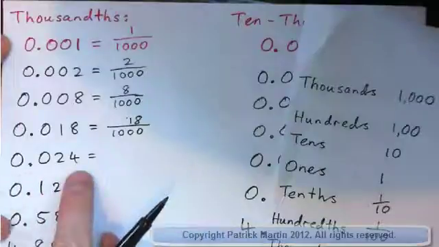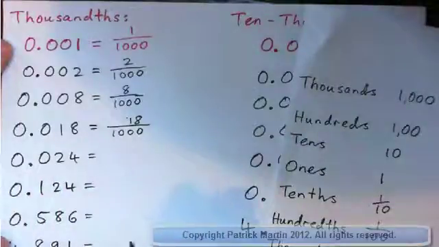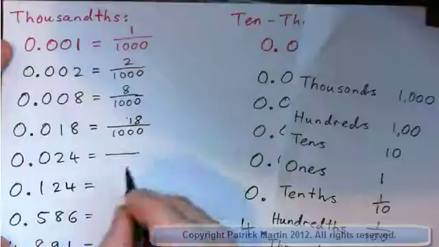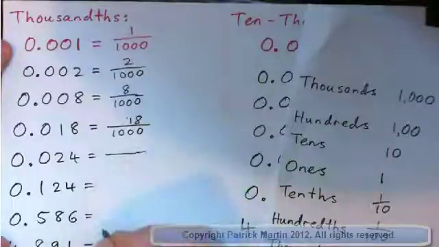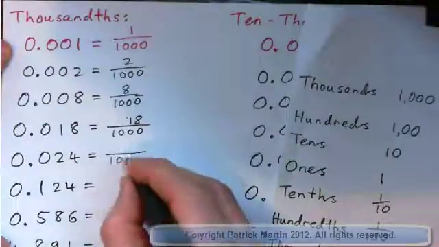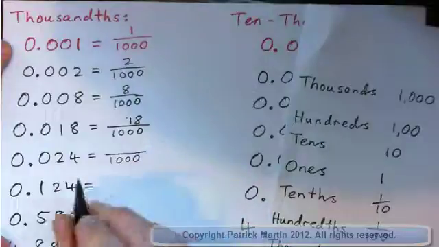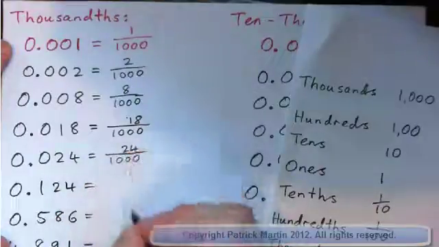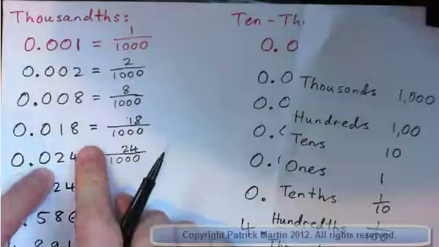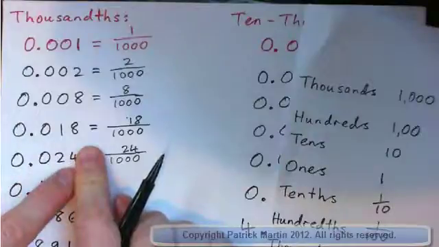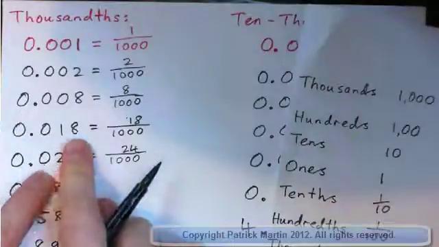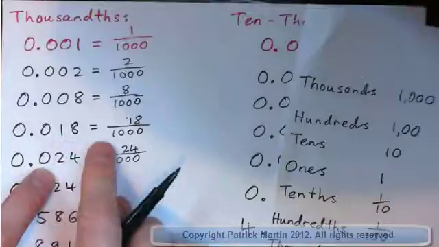How about 0.024? Turn that into a fraction. How many thousandths? 24. So if you've got 3 digits past the decimal point, then you're talking about thousandths. If you've only got 2, that was hundredths, right? And if you just have 1, then that's tenths, right?